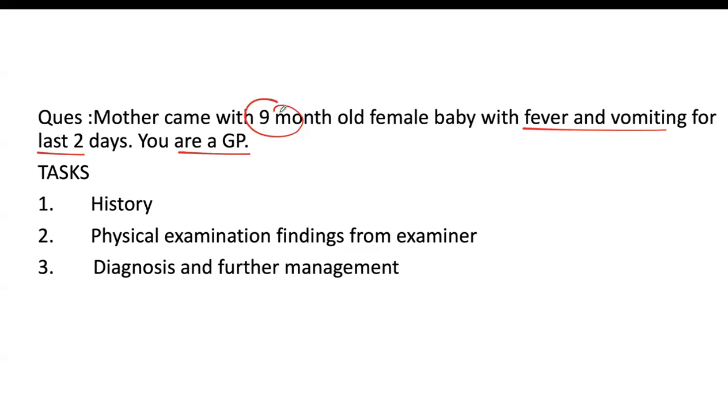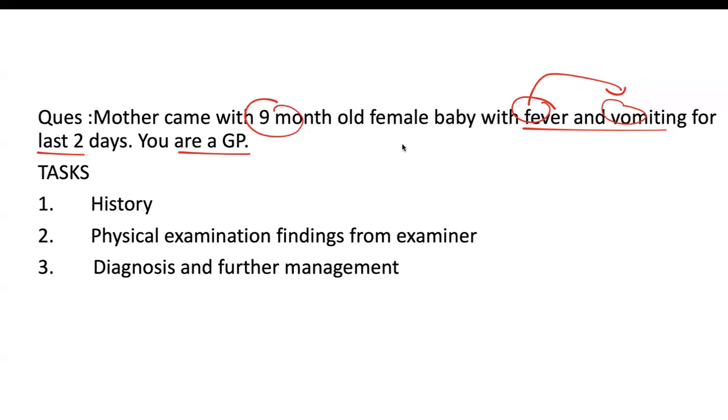So 9-month-old having fever and vomiting. When you get a fever with vomiting, what should be your first differential diagnosis? Is it a GIT cause you would be looking for, or non-GIT cause? What do you think, guys? Non-GIT? Yeah, definitely.